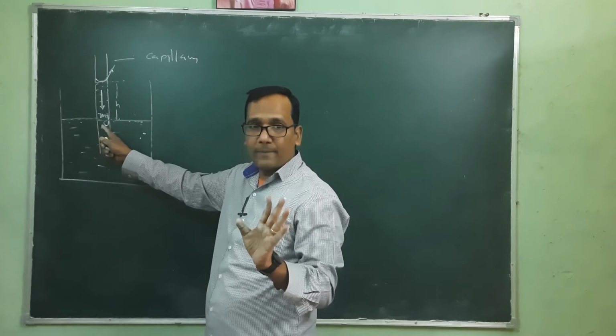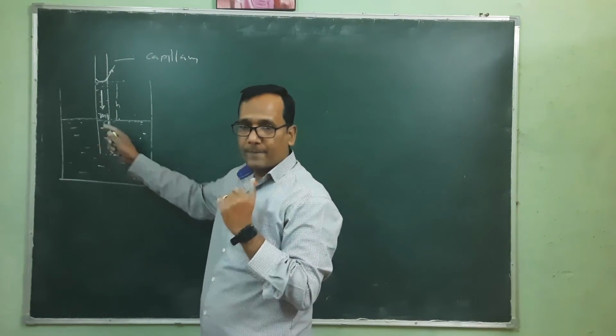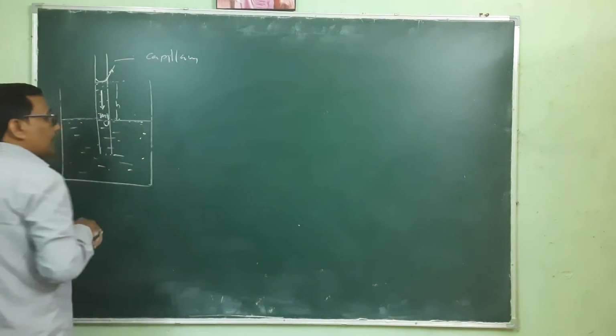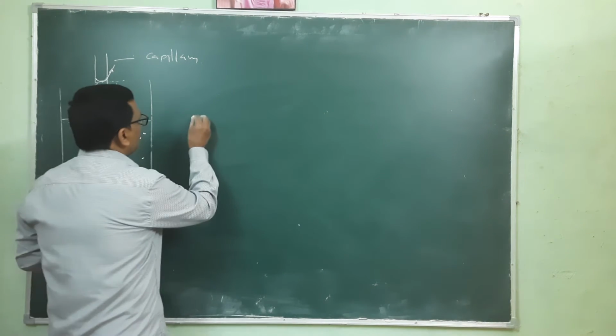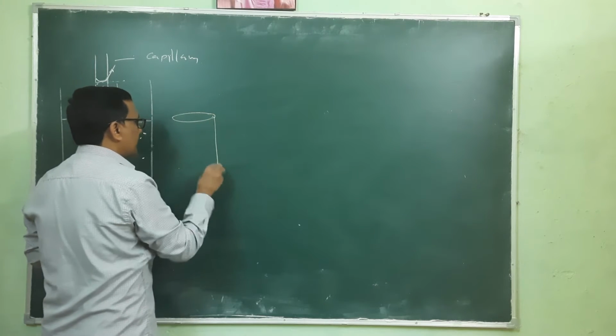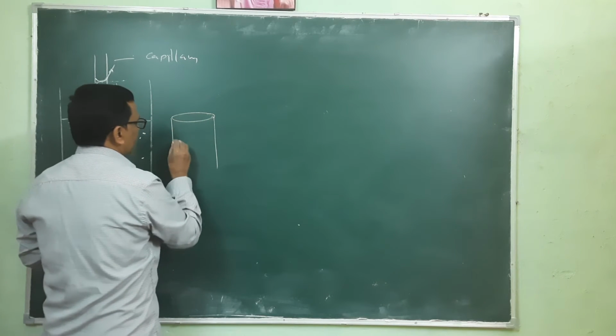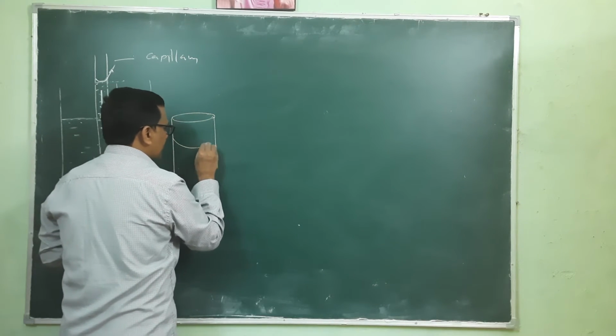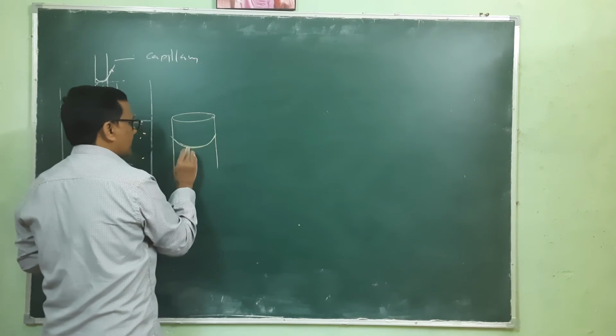The physics is simple. Now let us start the mathematics. This is the tube, simply taken, and this is the meniscus.